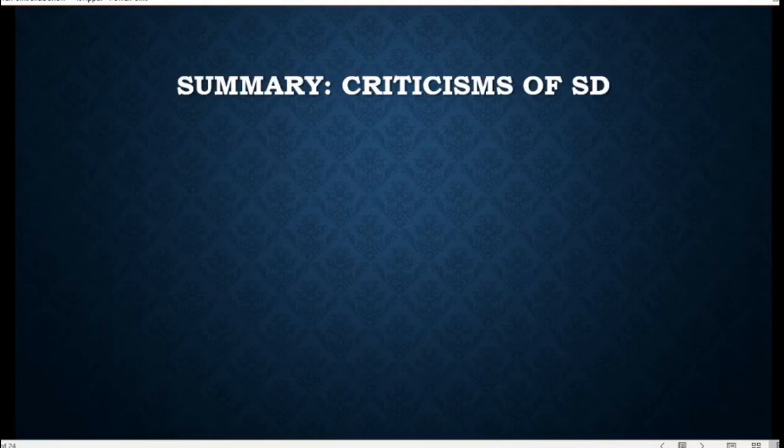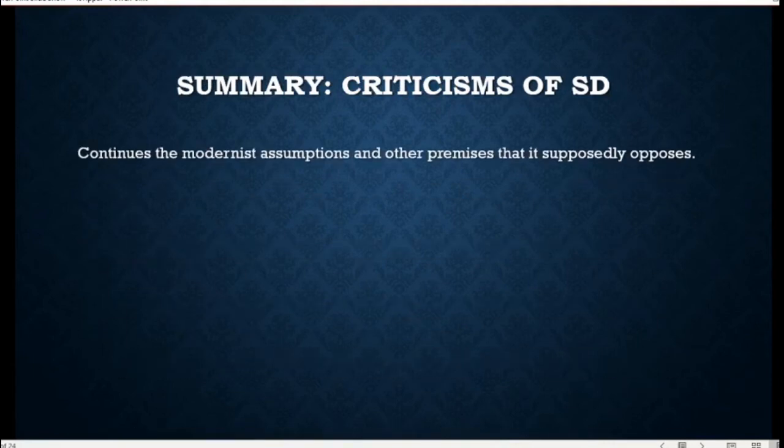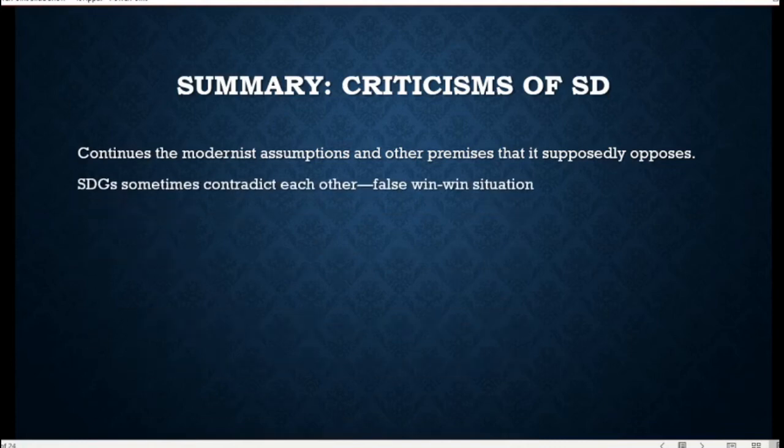And I have a summary here about the criticism of sustainable development. Number one, as Regmi and Walter say, sustainable development really continues the modernist assumptions and other premises that it supposedly opposes. And also, sustainable development goals sometimes contradict each other. When you just list down 17 goals, it creates a false win-win situation, or at least false imaginations of a win-win situation.